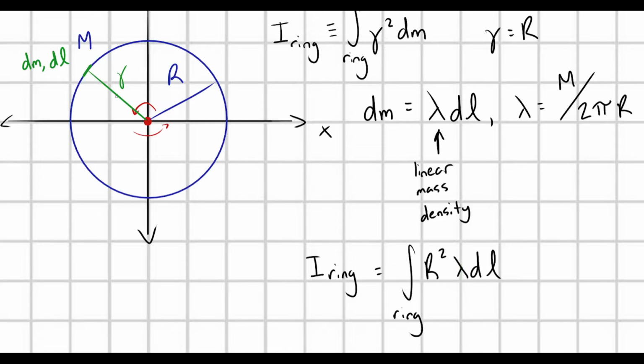And we need to define that more robustly, more rigorously with an actual coordinate system. And let's go ahead and use polar coordinates because we just have a nice circle here. So I can mark the location of any one of my elements on this ring with two key locations.